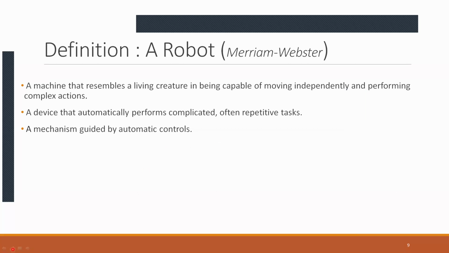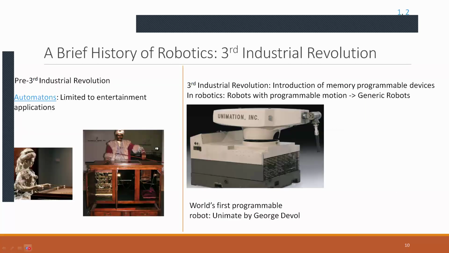So we finished our definition and now let's dive into the history of robotics. I'm not going to spend much time over here. As you can see from the definition we saw in the previous slide, robotics is a very broad term and it involves a large amount of variations.